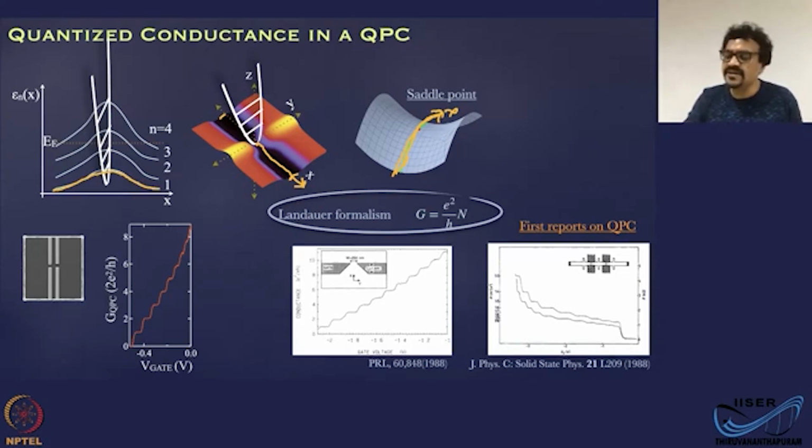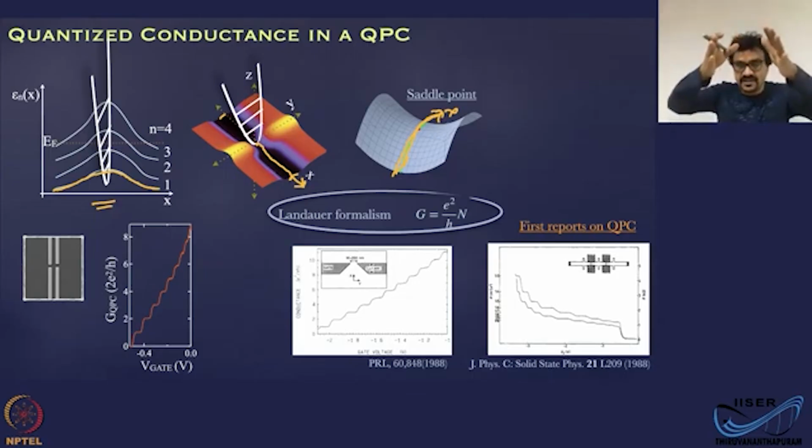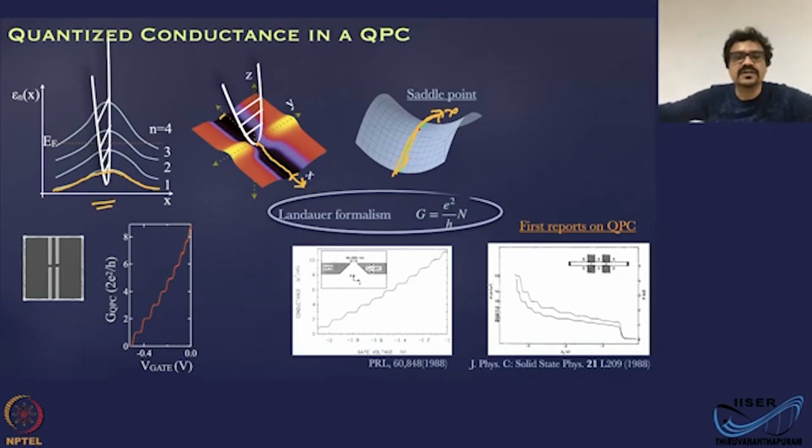And this splitting that is shown here is available only at the constriction. Far away from the constriction, you have a two-dimensional system, and all these levels will actually collapse onto the energy of the two-dimensional electron system. As it approaches the constriction, it starts feeling the confinement effect due to the gate along the y direction.